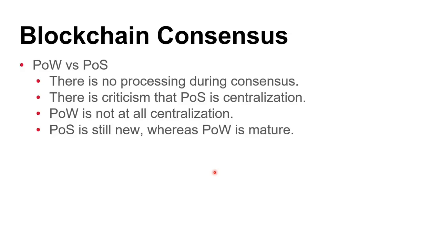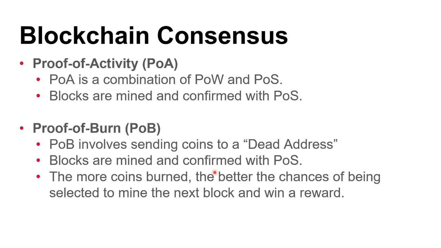There is a criticism that proof of stake could be centralization. Proof of work is not at all centralization. I guess that argument will continue to go on, and we will see where it takes us. Proof of stake is still new, whereas proof of work is very mature.